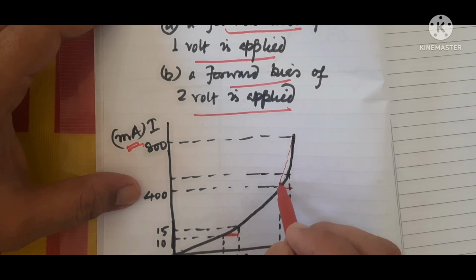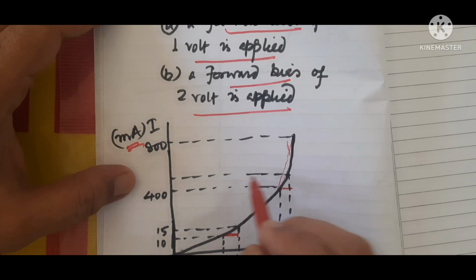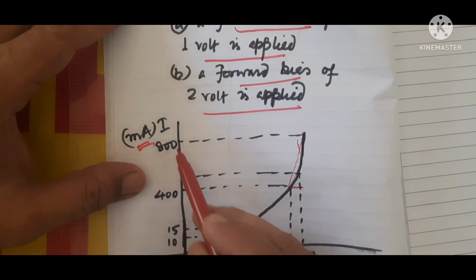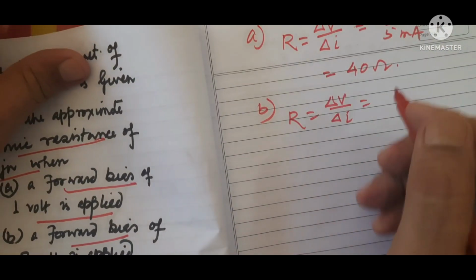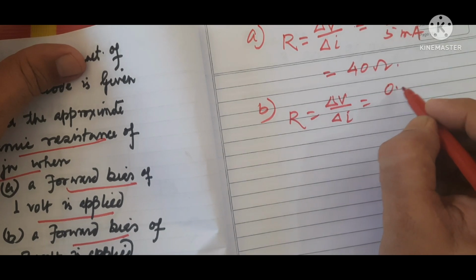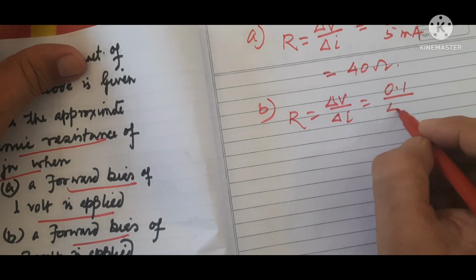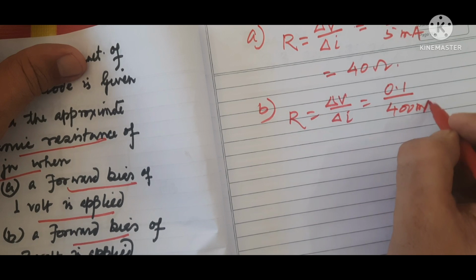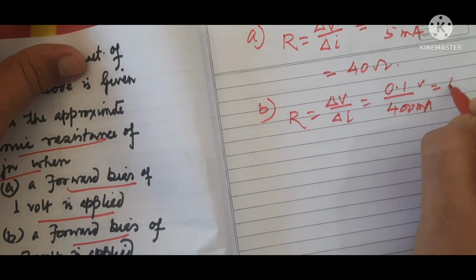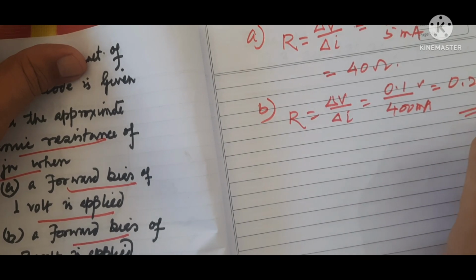So 800 minus 400, the difference is 400. So we write 0.1 by 400 milliampere. That comes out to be 0.25 ohm. That is your answer.